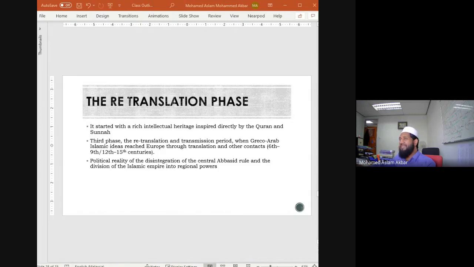Definitely, when this translated work comes into discussion among the scholars, there is always debate. This is exactly what happened. It created the impact of what we call the third phase, which is the retranslation phase, which is why we speak of the impact of the translation on Muslim scholars, whereby you have the Greco-Arab Islamic ideas.